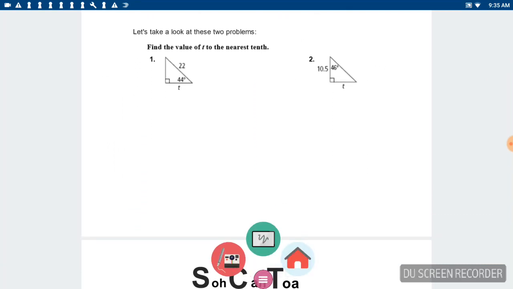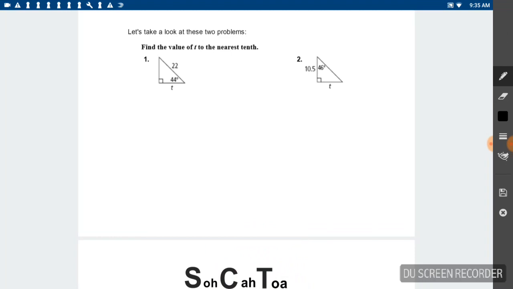All right, a couple more of the same type of problem here. Trying to find t, I got 44 as my reference angle. So adjacent and hypotenuse. SohCahToa, adjacent and hypotenuse, cosine.